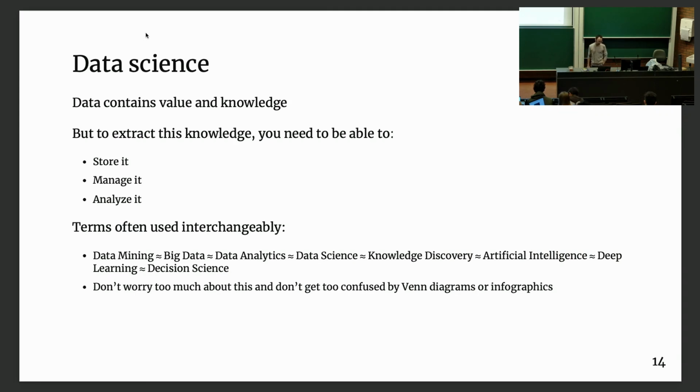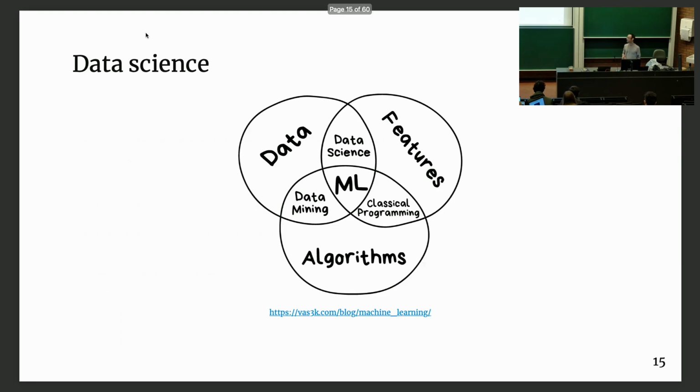Also means that if you read articles with those Venn diagrams that try to organize these terms in a more structured manner, they will by definition always be wrong. Here is a pretty bad example. Not that I'm dissing the blog, it's not that bad, but this doesn't make any sense. This is completely wrong.